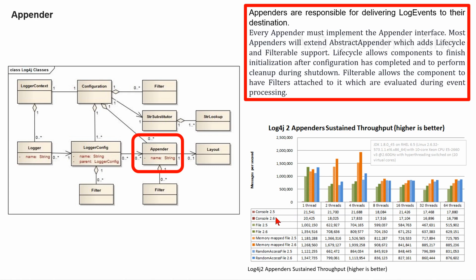It used to be that the random access file appender was significantly faster, especially in multi-threaded scenarios, but with the 2.6 release the file appender performance has improved and the performance difference between these two appenders is similar.